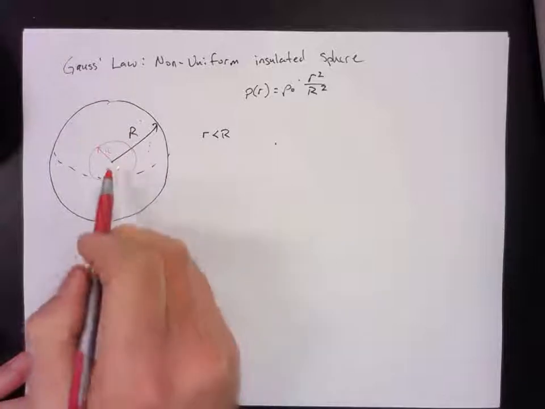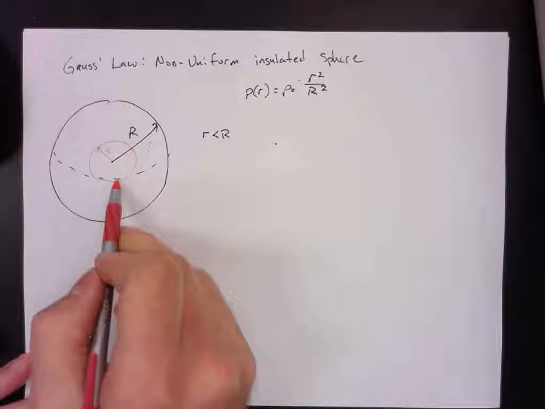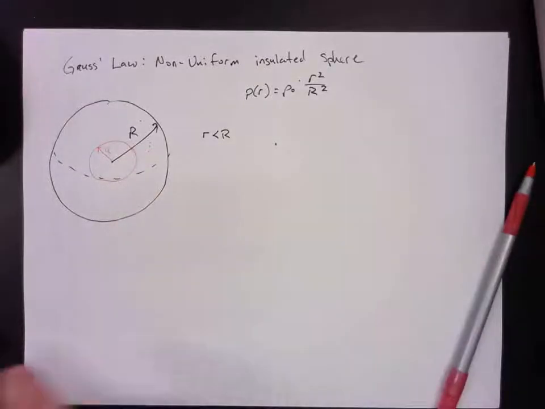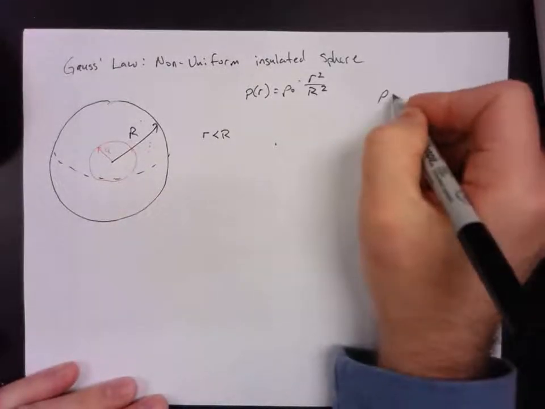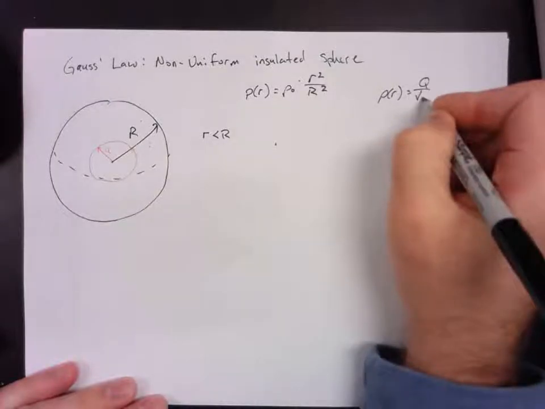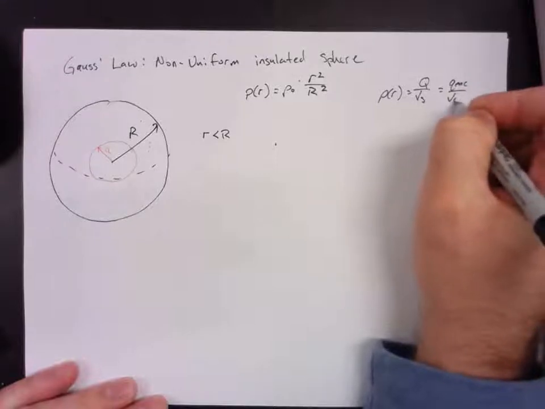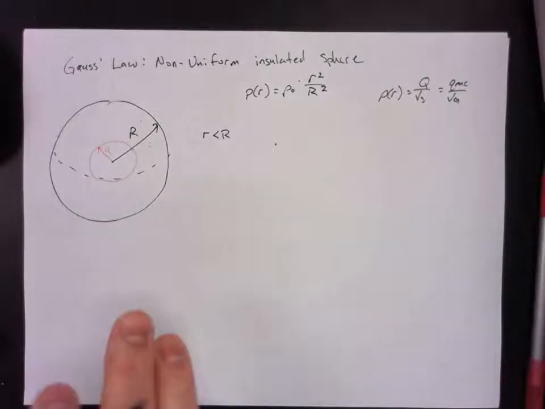Now, the charge enclosed by that Gaussian surface is not simply a ratio between the total charge and the volume of the sphere and the volume of the Gaussian surface. It's not that simple there.